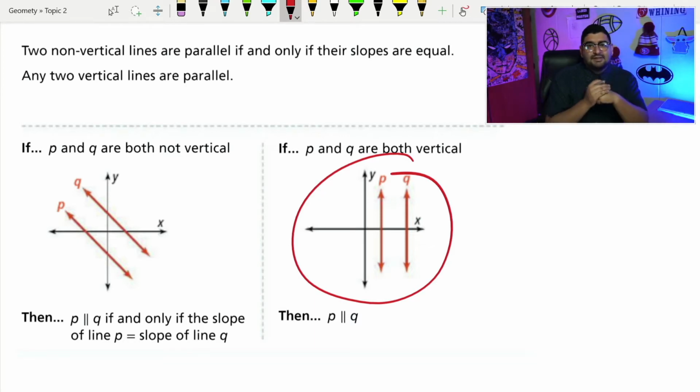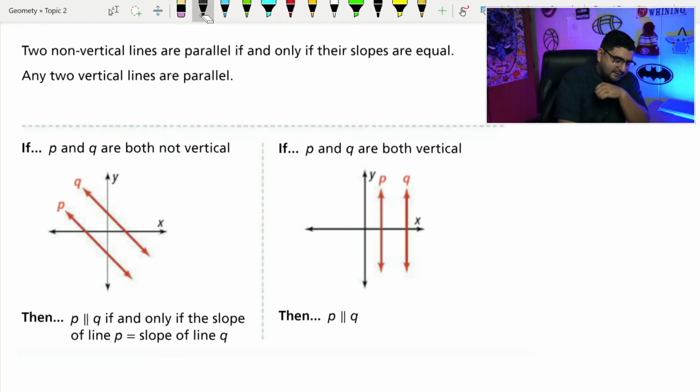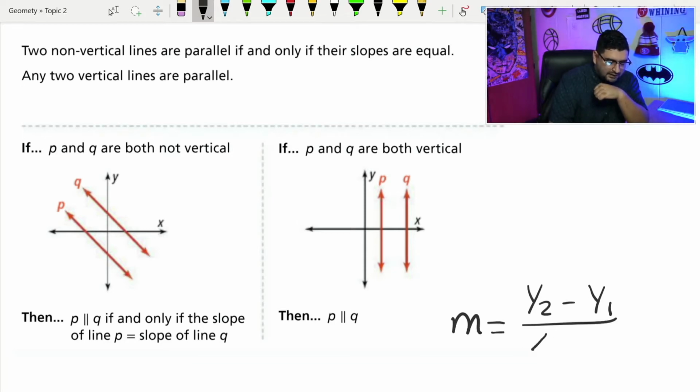So there's two ways that we can actually prove that lines are parallel in terms of showing that their slopes are equal. One of them involves using the slope formula. Okay, and the slope formula is m equals y2 minus y1 over x2 minus x1. This is a slope formula that you should have learned in geometry that requires us to know 2 points.